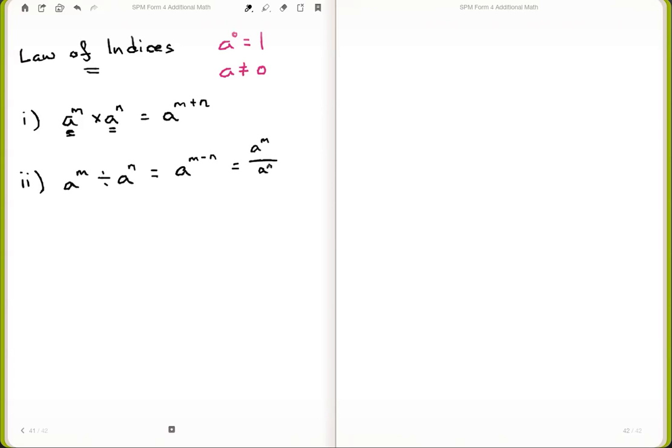This is pretty straightforward. And this condition, a cannot be equal to 0. Now the third one would be a^m to the power n, which equals a to the power m times n, mn.